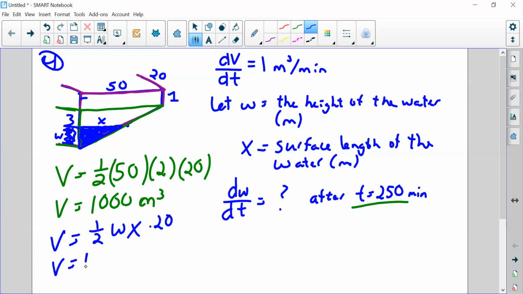Simplifying that down a little bit, that gives me 10WX. But I have a problem. I want V related to W. I have this extra variable X. So I need to get rid of that. So I got to ask myself, is there any way I can rewrite X in terms of W?